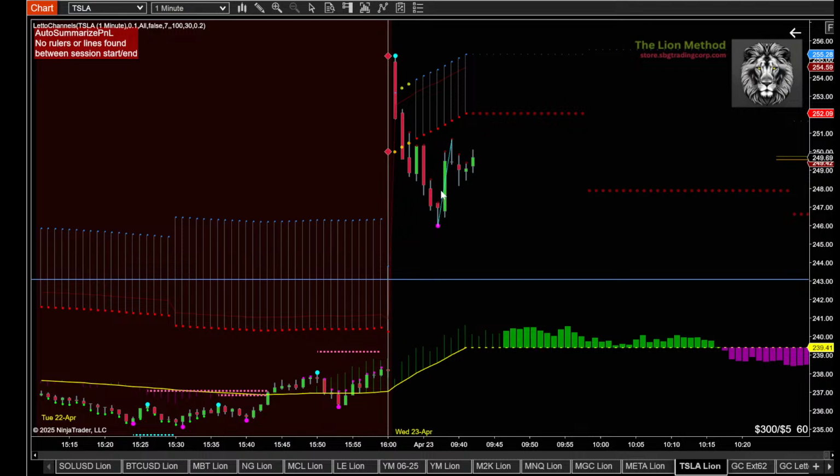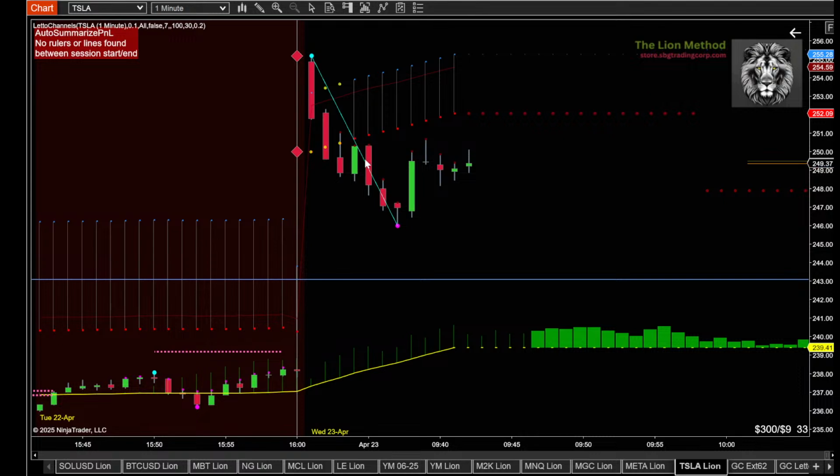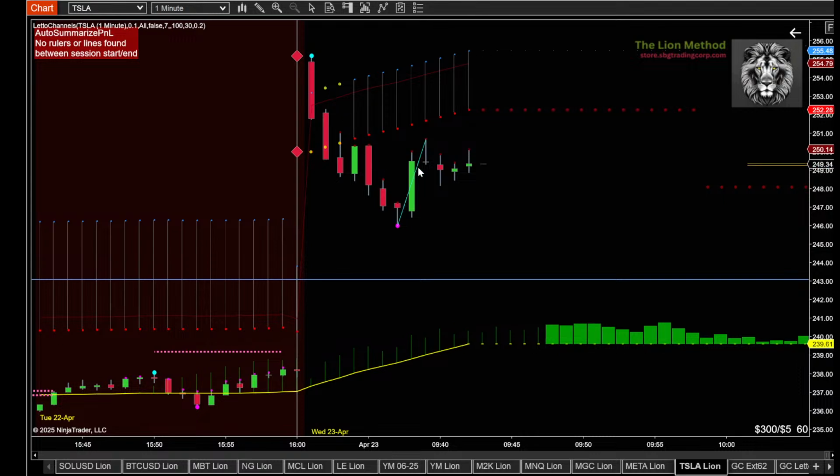One thing that extension 62 lines does, you'll see these blue lines that bop around when I move my mouse. This blue line tells me the entry is here and the stop is here. That's where it points to. And it tells me what the risk is in dollars. And you can see in the bottom right corner, it says $5. It says 300/5, and that's 60.